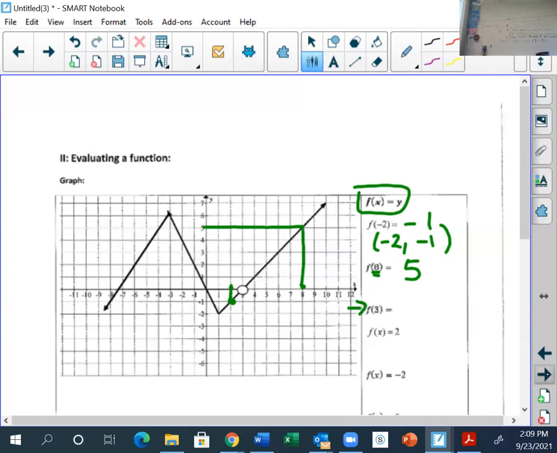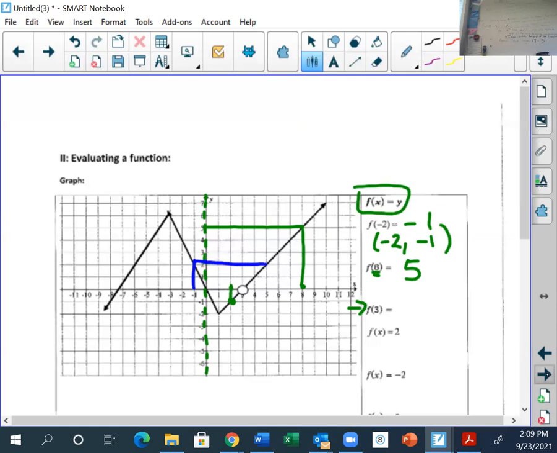And then I'll do the next one, which is f of x equals 2. Meaning when y is 2, what is the value of x? So what I will do is look at my y-axis, and I look at where y is 2. So y is 2 here, and it's going to be negative 1.